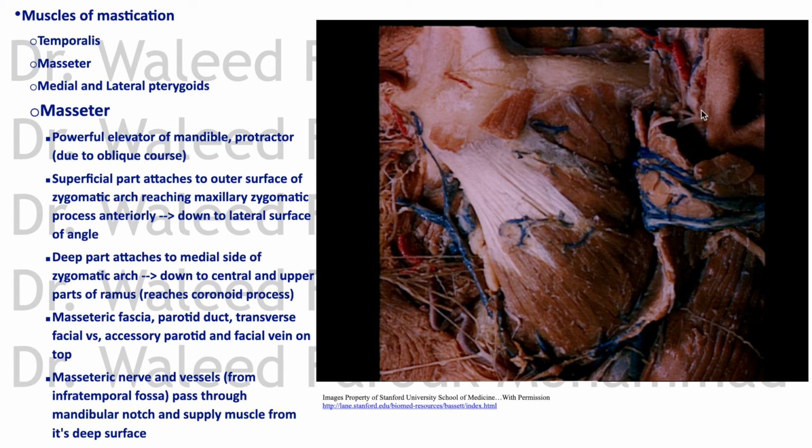If you're asked about the antagonist muscle for the horizontal fibers of temporalis, it's the lateral pterygoid and masseter, and medial pterygoid as well, because medial pterygoid also assists in protracting the mandible. See, so one retractor and many protractors for the mandible.